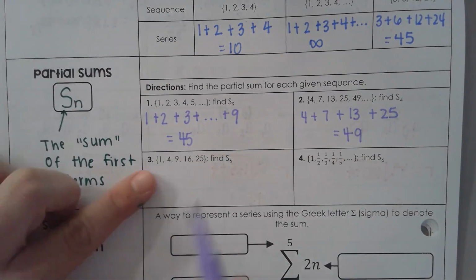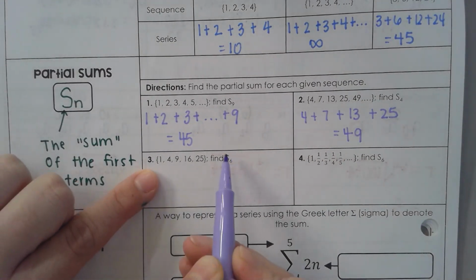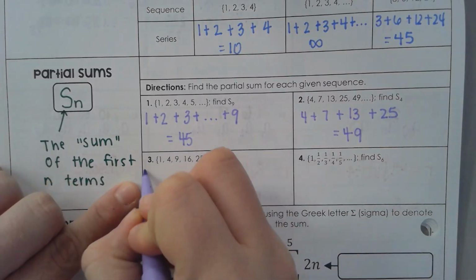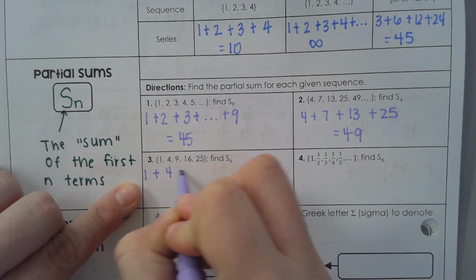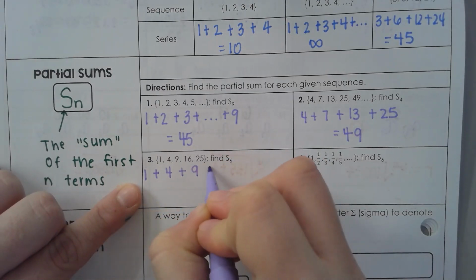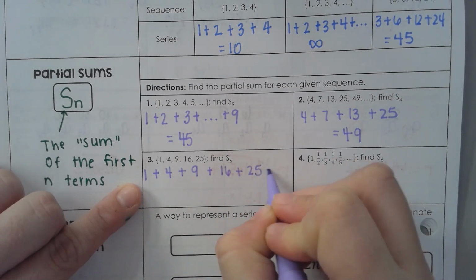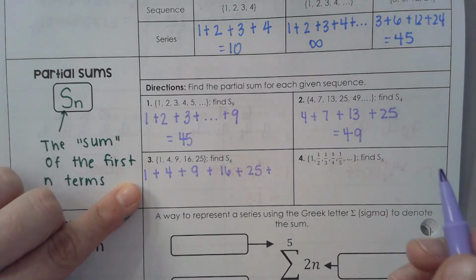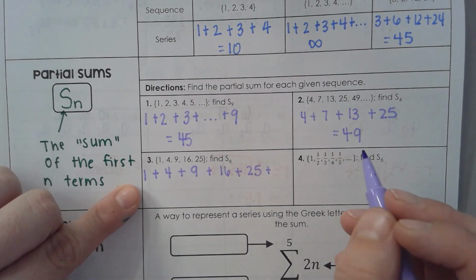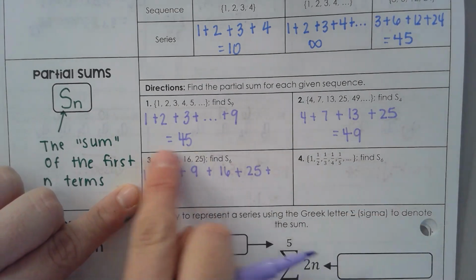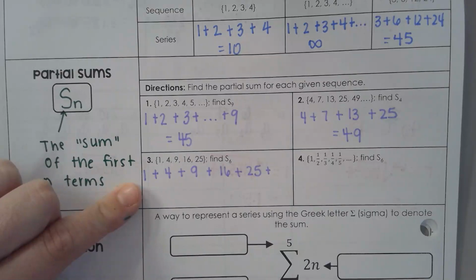Number 3, I'm finding the sum of the first, how many? 6 terms. So 1 plus 4 plus 9 plus 16 plus 25. What would be my 6th term? What's special about these numbers? They're all prime.